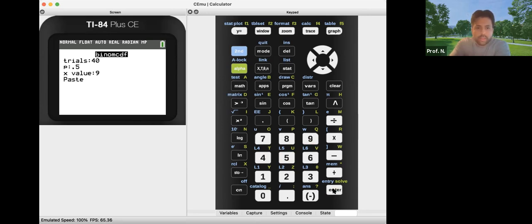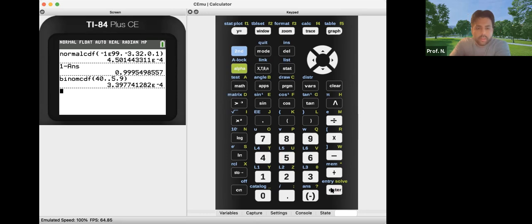So if I press that and do 1 minus that, I get 0.9966. This number is the exact binomial probability, so that's if we never had approximated it using the normal distribution. It's 0.9966, and so on, right?